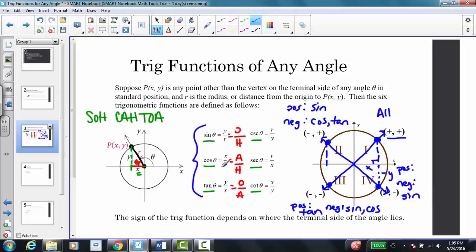If we have a positive x, then cosine is going to be positive. For tangent, a negative y over a positive x is still going to leave us with a negative answer, so tangent is also going to be negative. So you can really see that which quadrant you're in dictates the sign of your trig function.